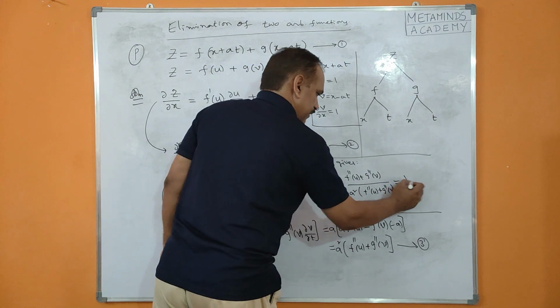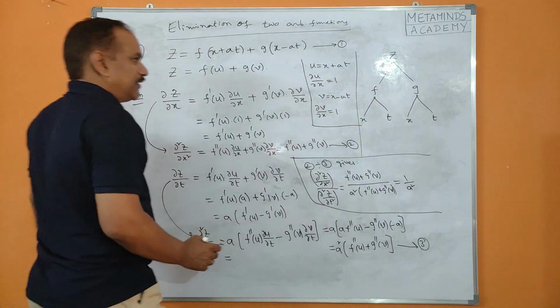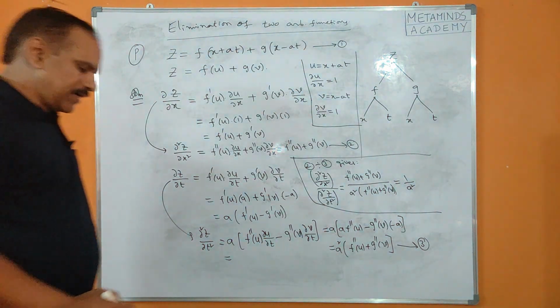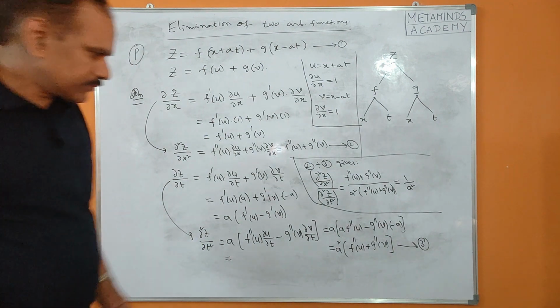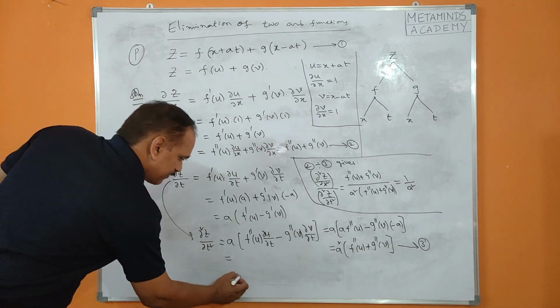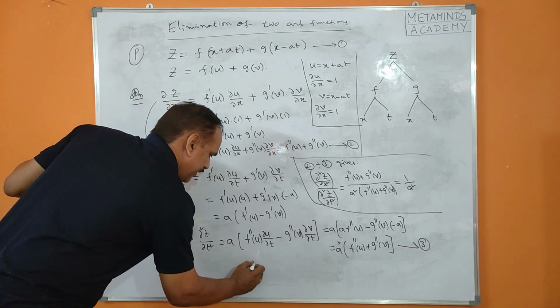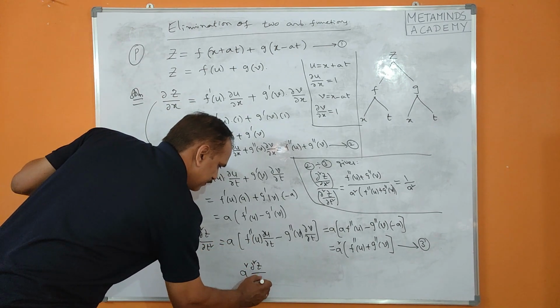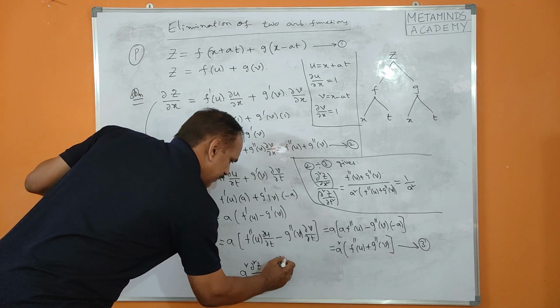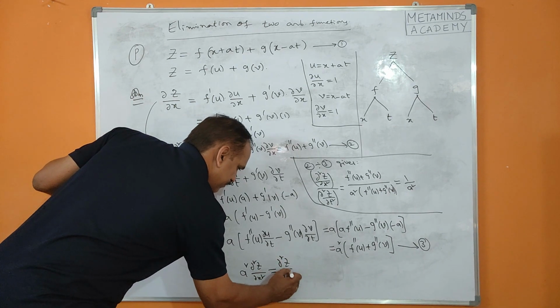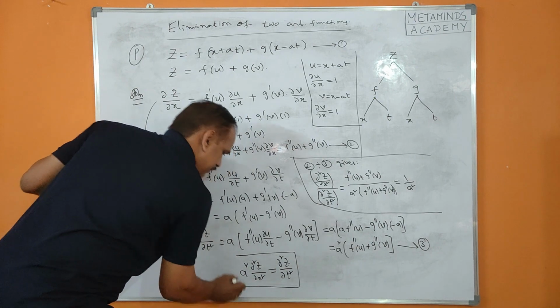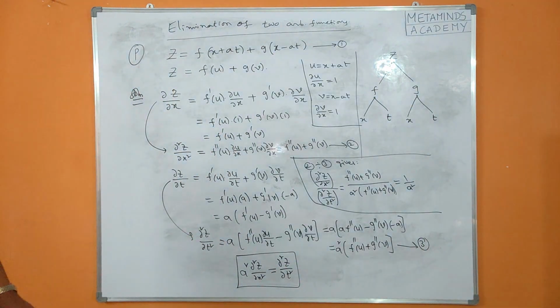So it is 1 by a square. So what is the answer? Finally the answer is a square dou square z by dou x square equal to dou square z by dou t square, is the required answer.